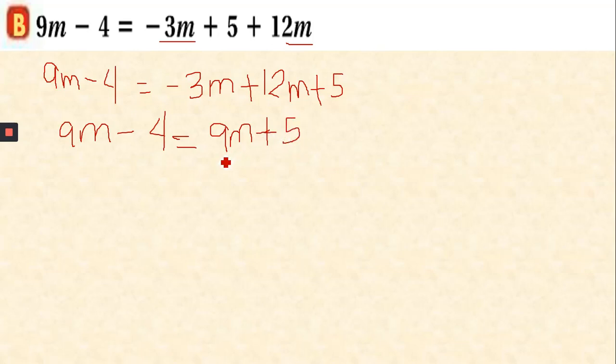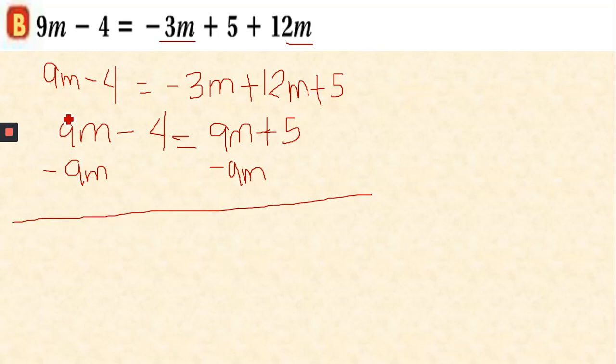Okay, combining similar terms, we're going to move 9m on the left side of the equation. So we need to get the opposite, and the opposite is negative 9m. Let us now combine. 9m plus negative 9m, that will be 0. You are going to bring down negative 4 is equal to 9m plus negative 9m, that is 0.